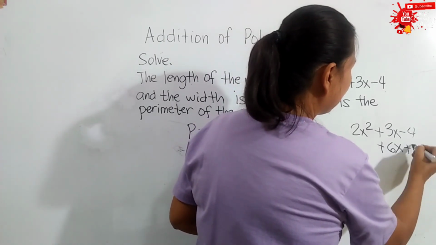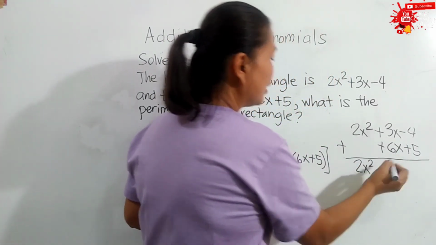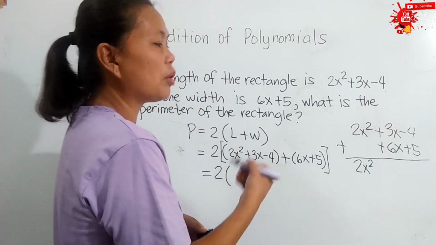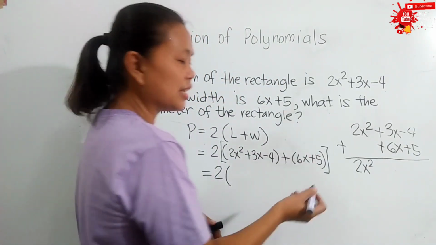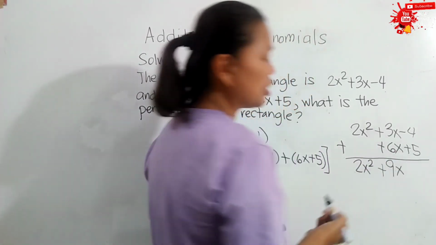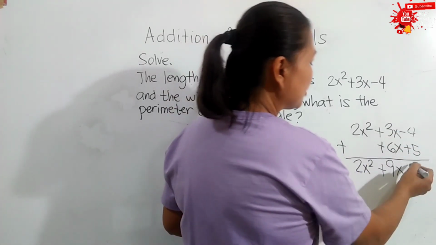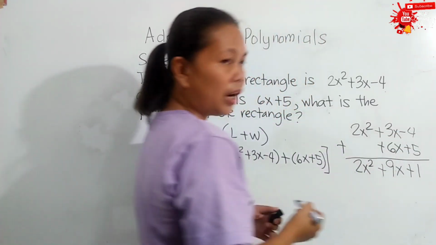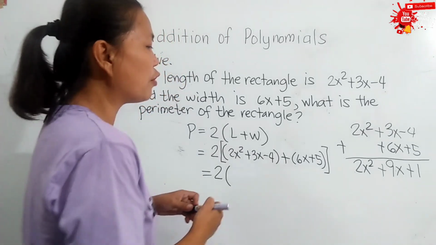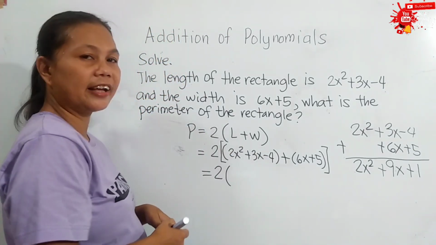So we just bring down 2x squared. Then positive 3x plus positive 6x. So 3 plus 6, we have positive 9. Then copy the literal coefficient, which is x. Then negative 4 plus positive 5, so we have positive 1. Okay? So therefore, the sum of the length and the width is 2x squared plus 9x plus 1.